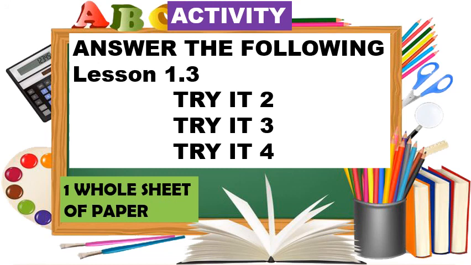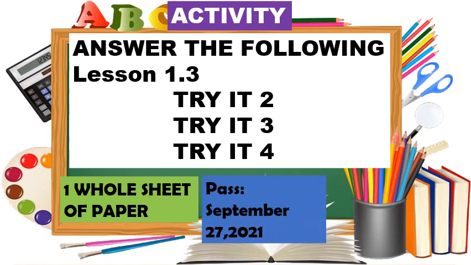Do not forget to write your name as well as the week. So for this activity, this is week 4. Okay, sulat niyo dira inyong ngalan and then week 4. Okay, and then you are going to pass your output or your activity on September 27, 2021. Again, September 27. Late papers will be deducted.